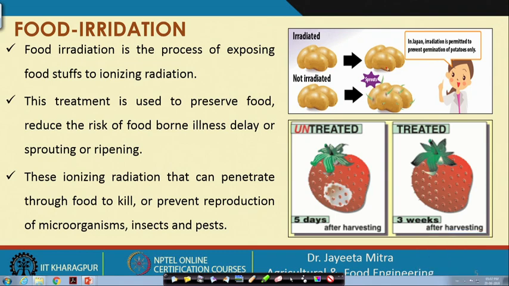Then after harvesting, if untreated fruit is there, some microbial decay will be observed. If these are treated, there will be no such microbial decay. It will cause delay in the ripening as well. Okay. And this ionizing radiation can penetrate through food to kill or prevent the reproduction of microorganisms, insects and pests.